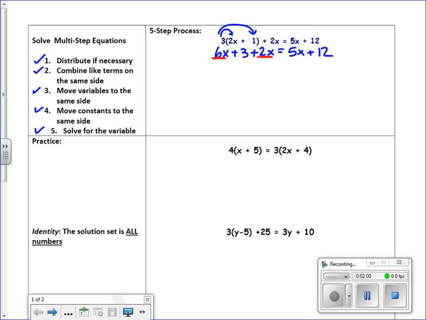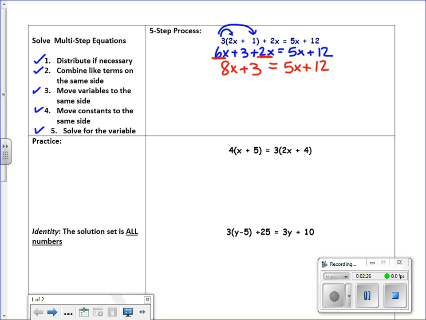And now anytime I'm talking about side, I'm talking about sides of the equal sign. Over on the right-hand side, I have 5x plus 12. I don't have any like terms to combine on that side of the equal sign. So I'll say 8x plus 3 equals 5x plus 12.